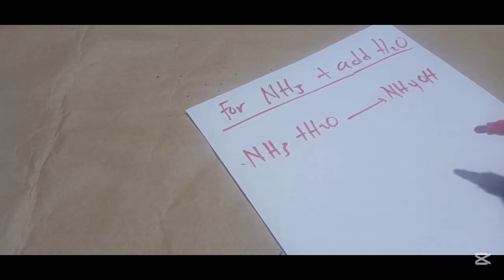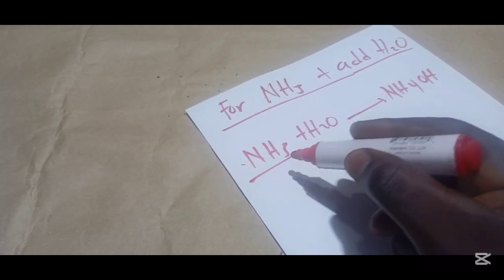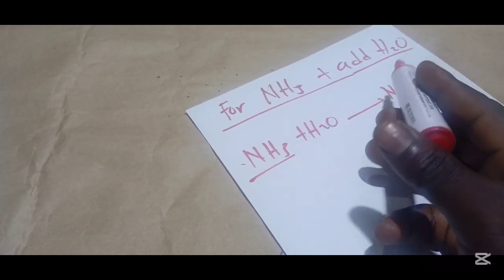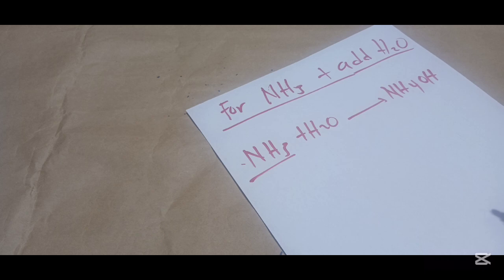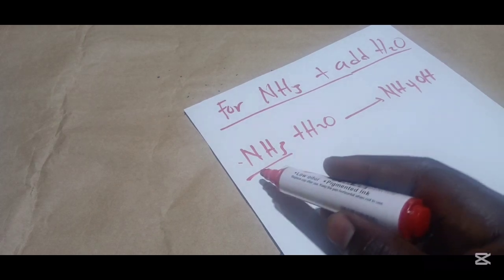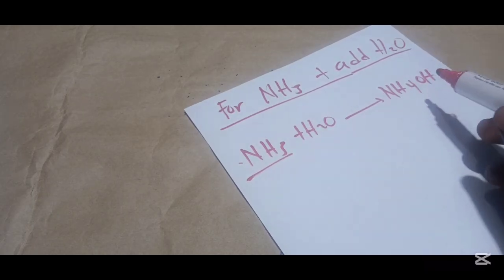Now we are finding the equivalent weight of NH3. For only NH3, you have to do it this way, or if you just know the equivalent weight of it, then you are good to go. But we are going to use the molecular mass of NH3, not NH4OH, right?